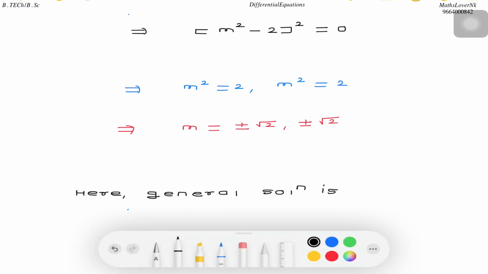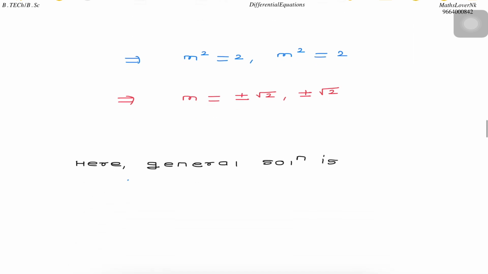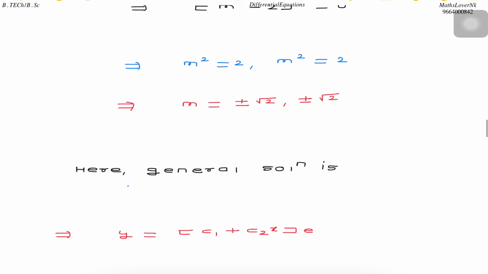Here two pairs of roots are equal, so we can write y equal to (c1 plus c2x) e^(root 2 x) plus (c3 plus c4x) e^(minus root 2 x).